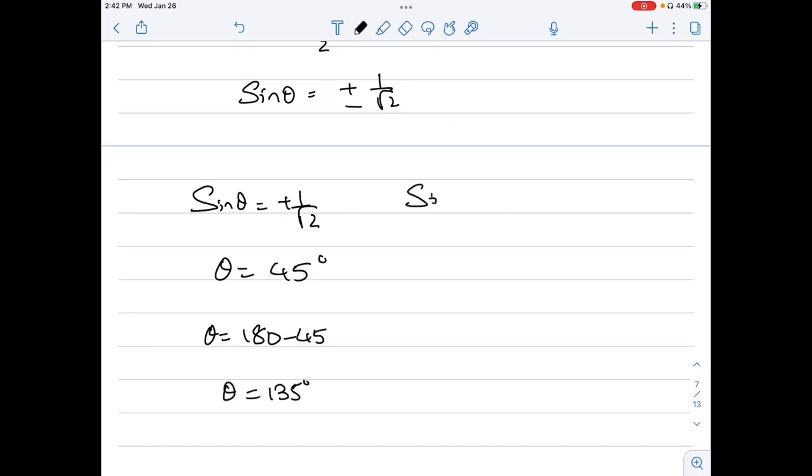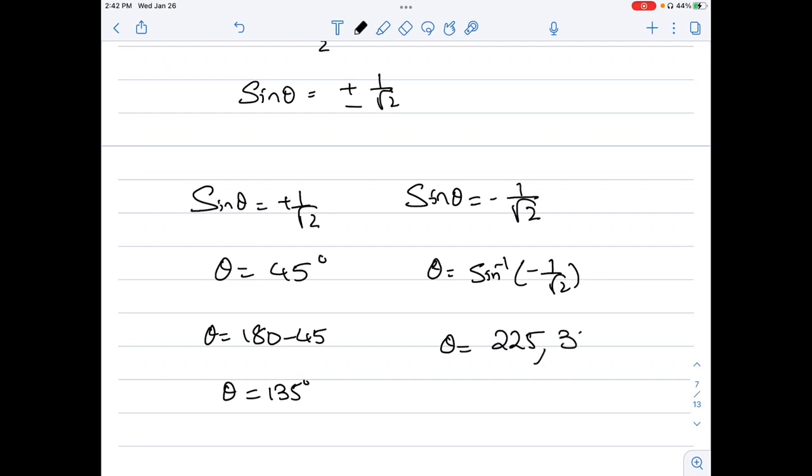Now if it is minus 1 upon root 2, theta is sine inverse of minus 1 upon root 2. It is in the third quadrant, so 180 plus 45 is 225, and another angle will be 360 minus 45, which is 315 degrees.